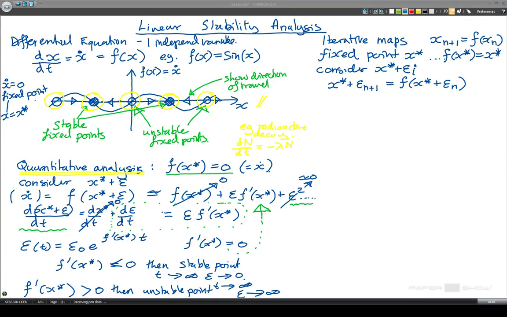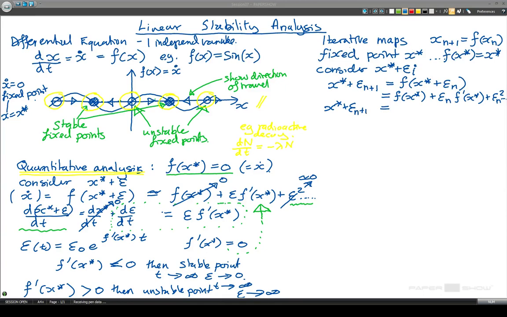Okay, so we now do a very similar Taylor series, and that's equal to f of x star plus epsilon n f prime of x star plus epsilon n squared terms and higher terms. The left hand side is still x star plus epsilon n plus 1.